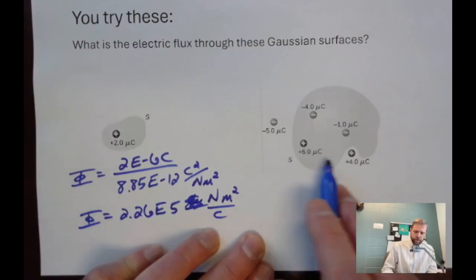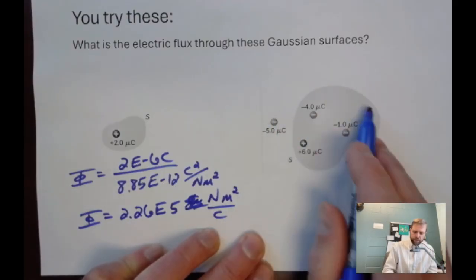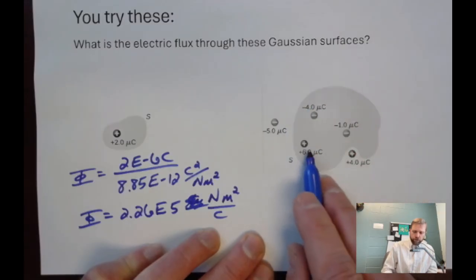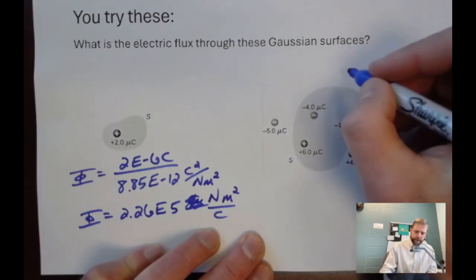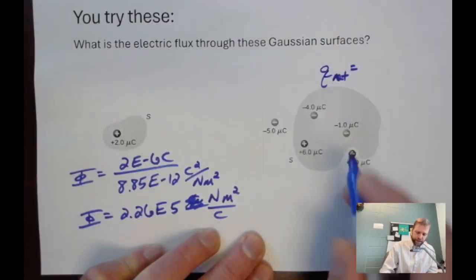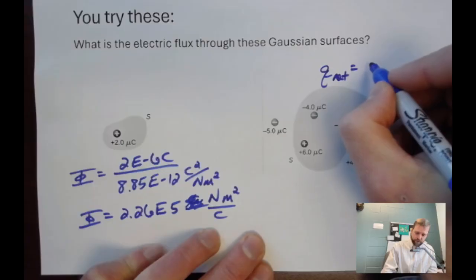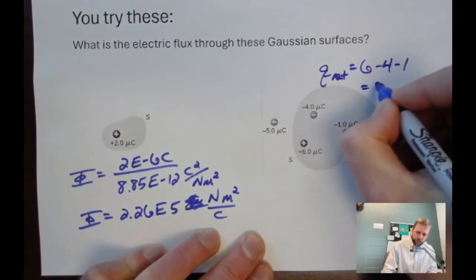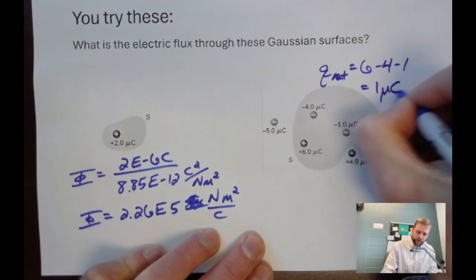All right, so here on the right one, I've got all these charges, but the surface is this gray blob here. So I want to look inside that, and the net charge in the enclosed surface is 6 minus 4 minus 1, which is 1 microcoulomb.